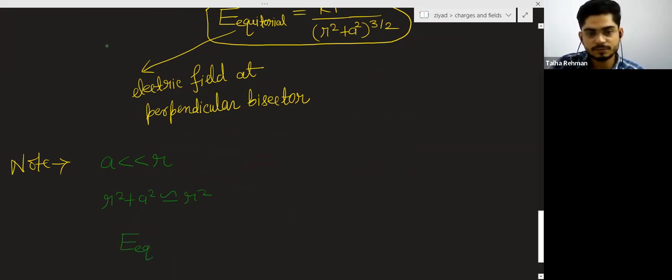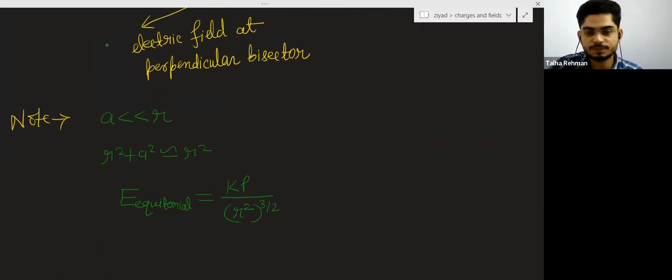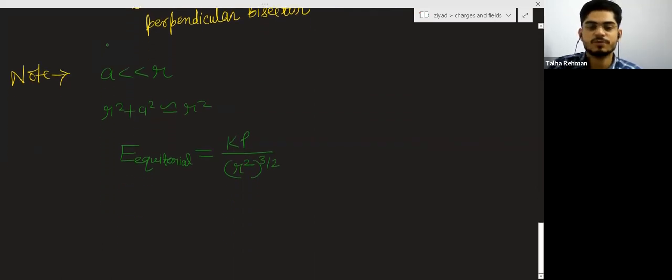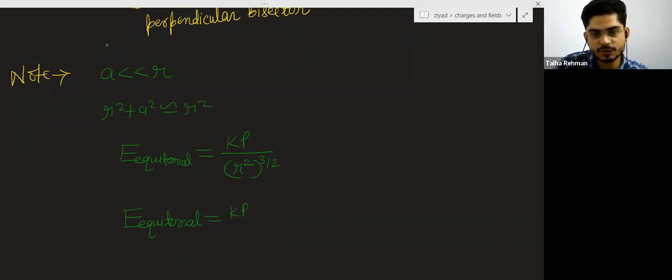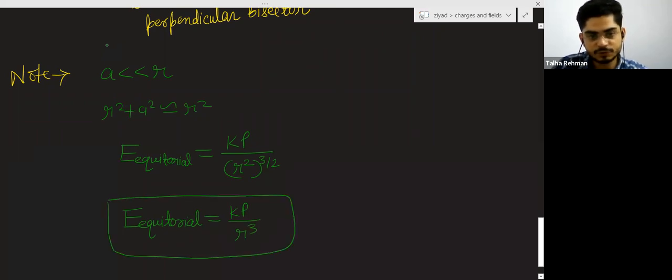E equatorial, I can write kp divided by, instead of r square plus a square, r square to the power 3 divided by 2, and this will become just power 3, so E equatorial is equal to Kp by r cube.